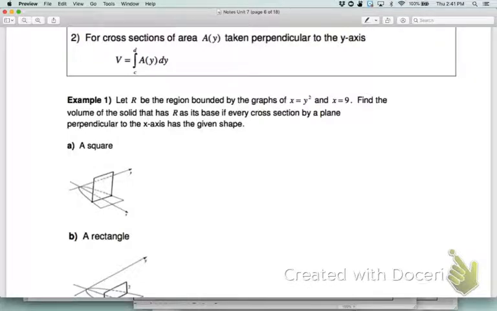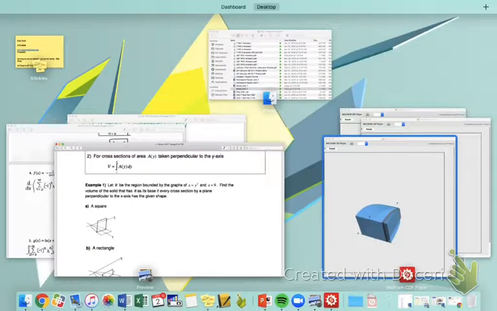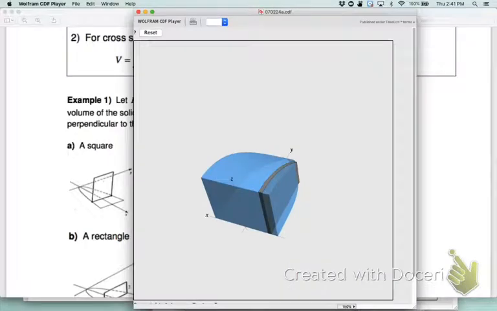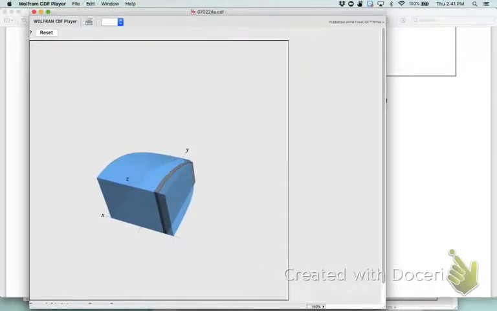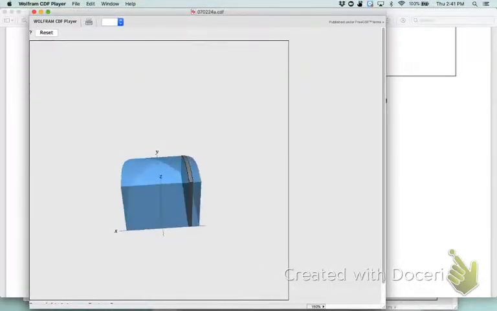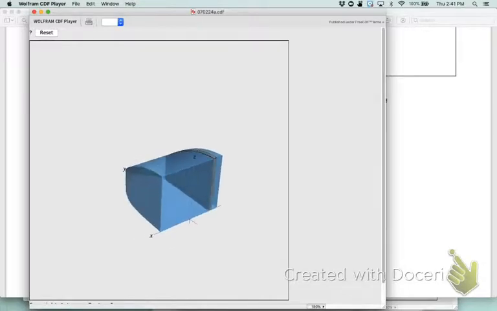Now, the hardest part about this is trying to visualize what that would actually look like. So I have a couple of different visuals here that I want to show you. This example is slightly different than the one we just looked at because ours is actually oriented along the y-axis, you can see here.